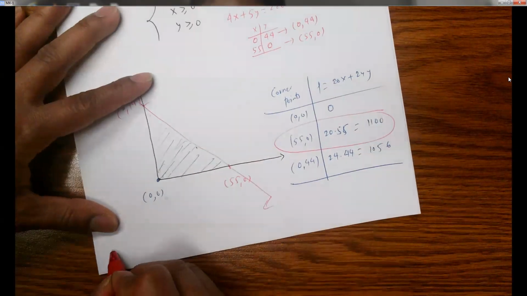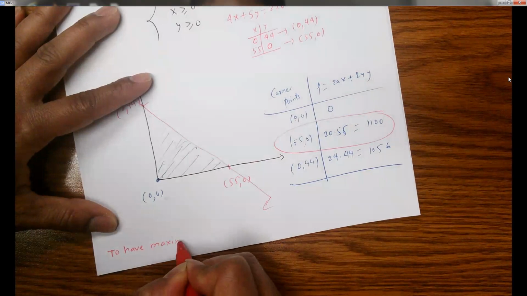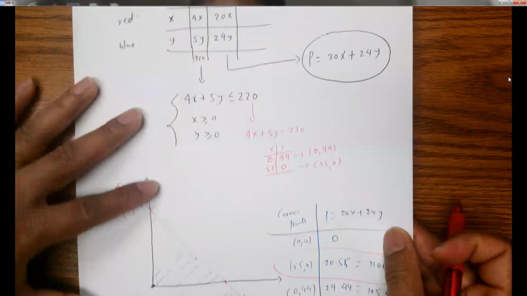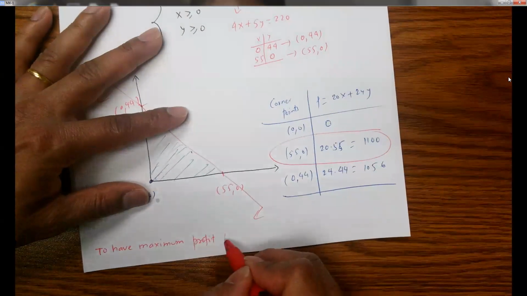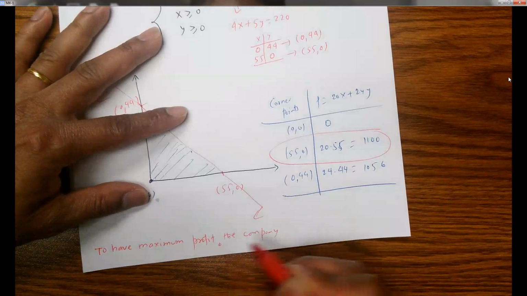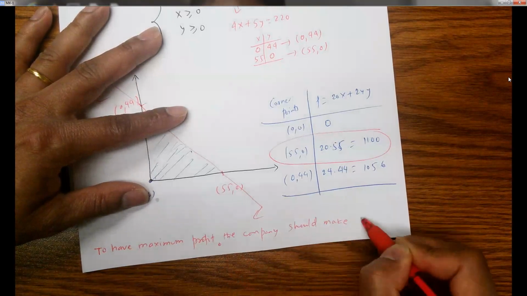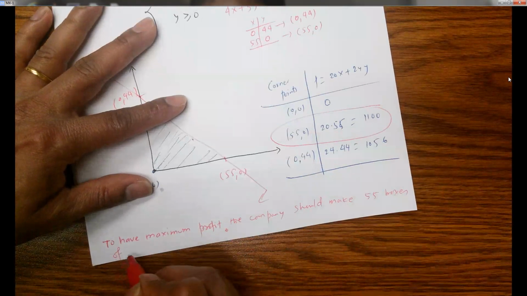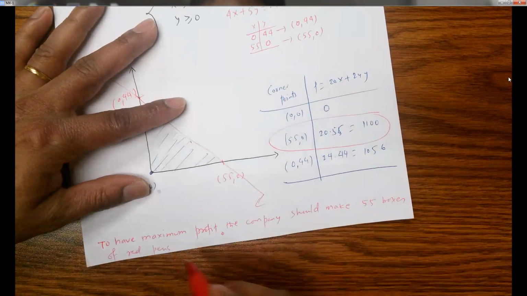So this is the conclusion: to have maximum profit, the company should make 55 boxes of red pen and 0 boxes of blue pen.